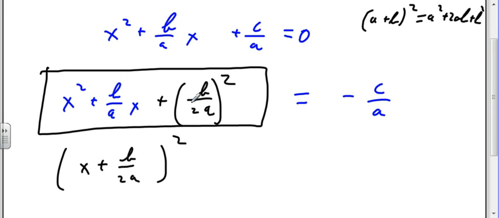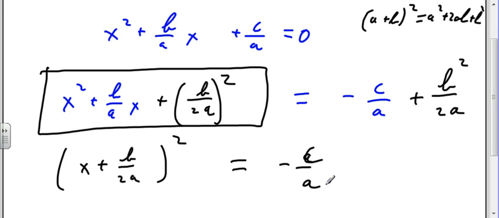All right, so if I add that to the left-hand side of the equation, I better add it to the right-hand side of the equation as well. So I can do that. And then I have this as minus c over a plus b squared over 2a.